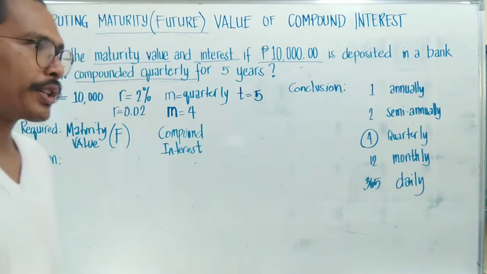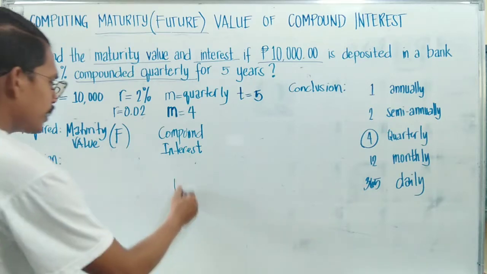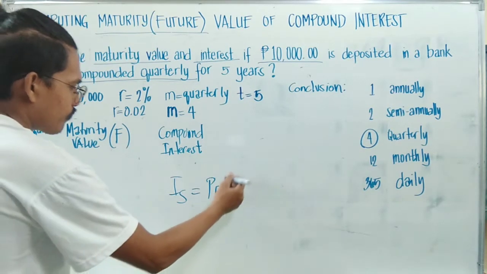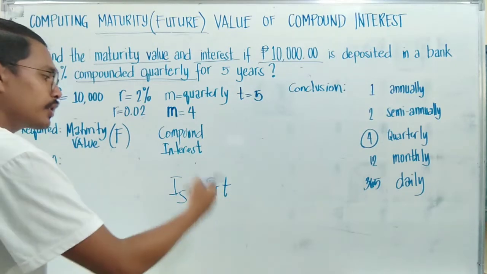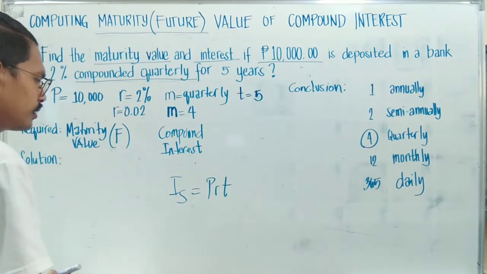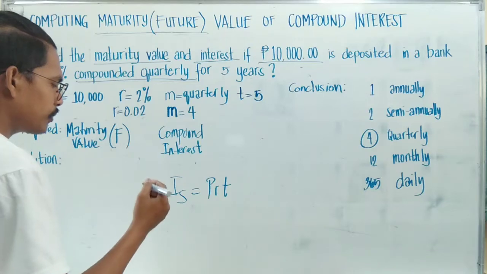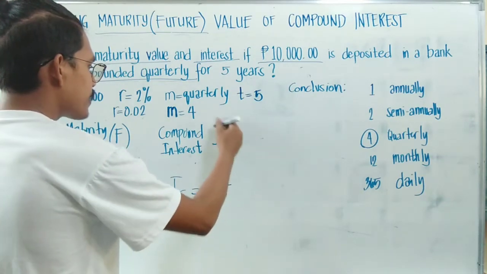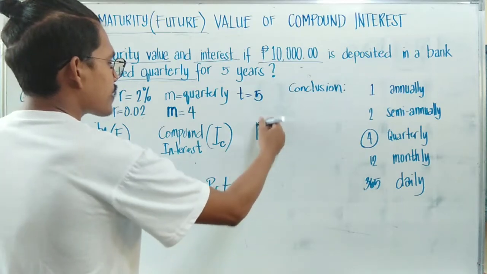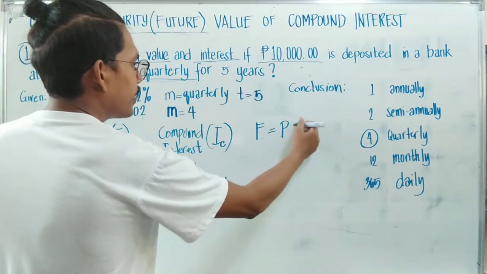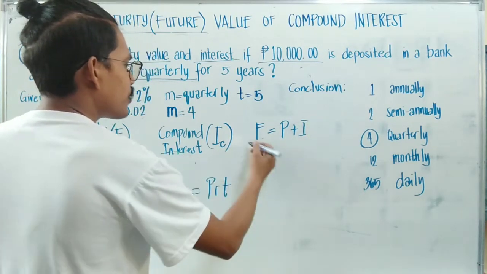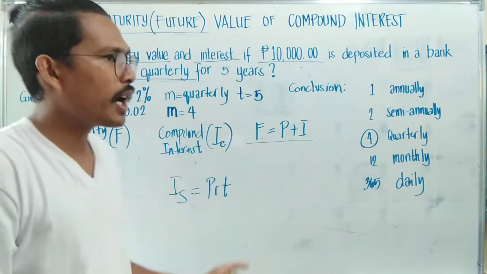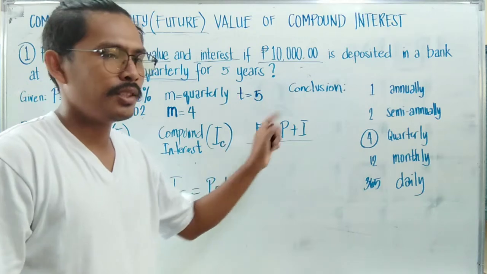Unlike your simple interest, where we solve your simple interest I sub s by multiplying the P, the R, and the T, we will be getting your compound interest I sub c using this: F is equal to P plus I. In general, your future value is the sum of your principal and the interest.